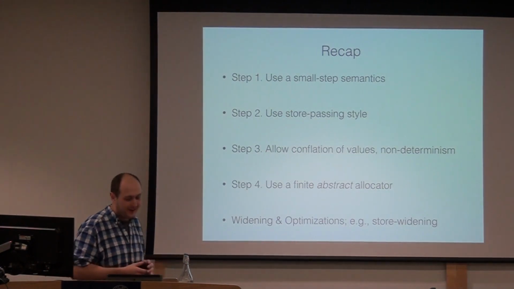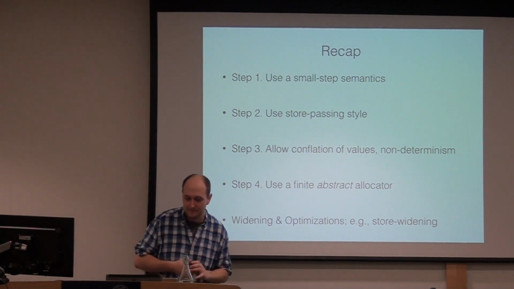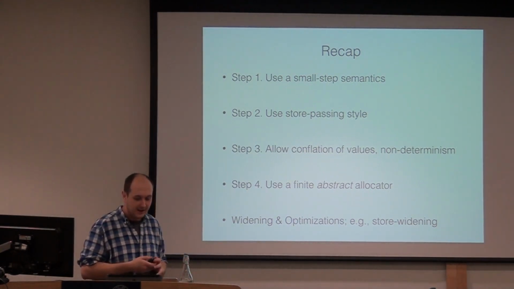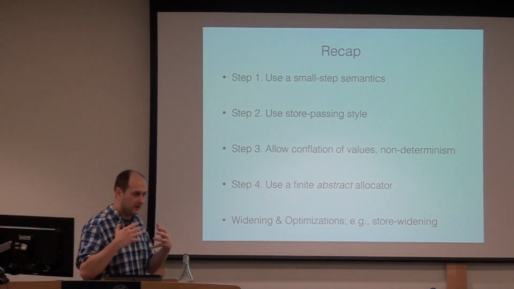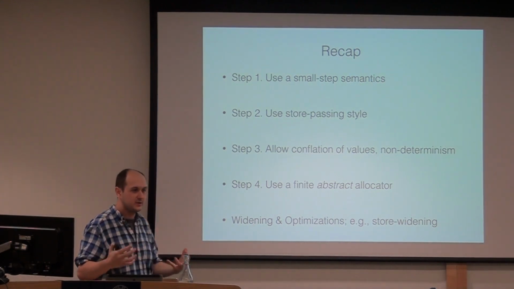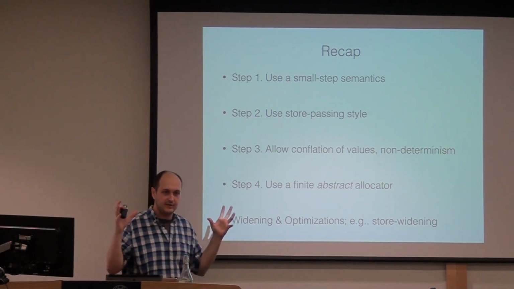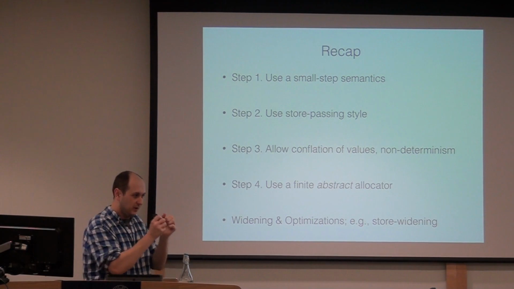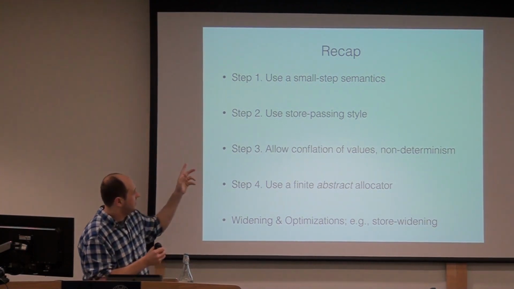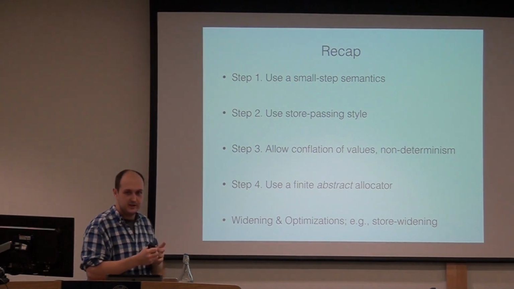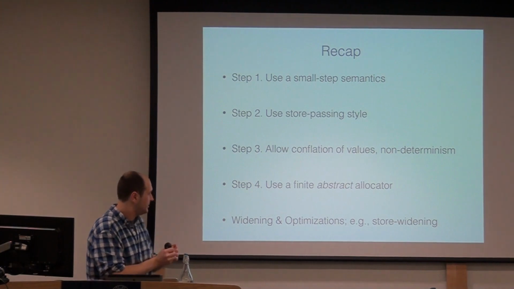So to recap at a high level, we take a couple of steps. We use a small step semantics, which basically means that our transition is exclusively in tail recursive form. And what this does is concentrate many forms of unboundedness into one form of unboundedness. And then we do the same kind of thing in introducing a store passing style transformation, in that we concentrate different sources of unboundedness into one source of unboundedness.